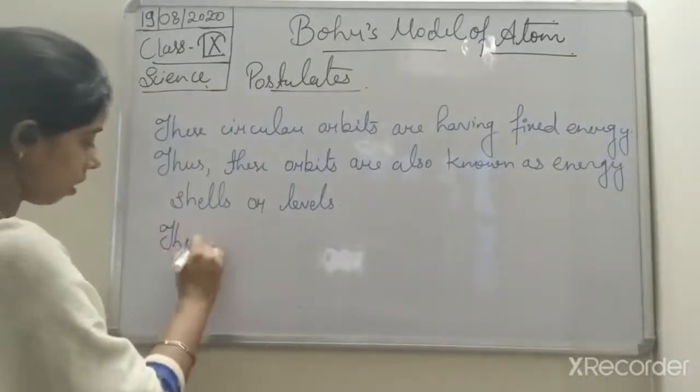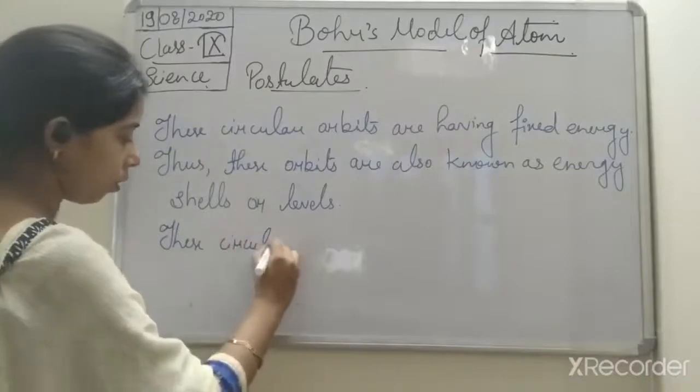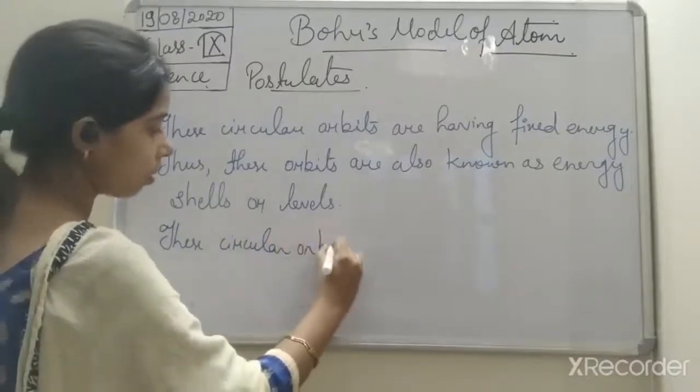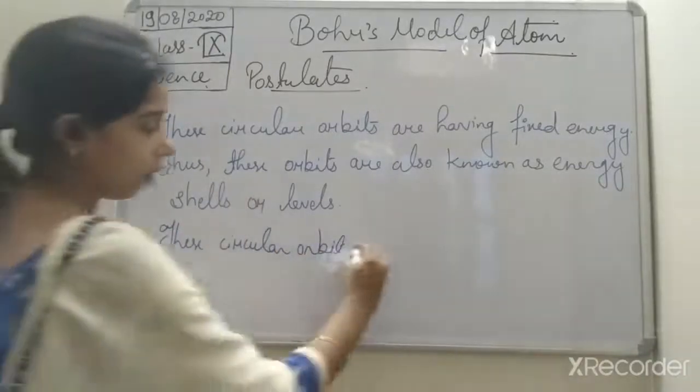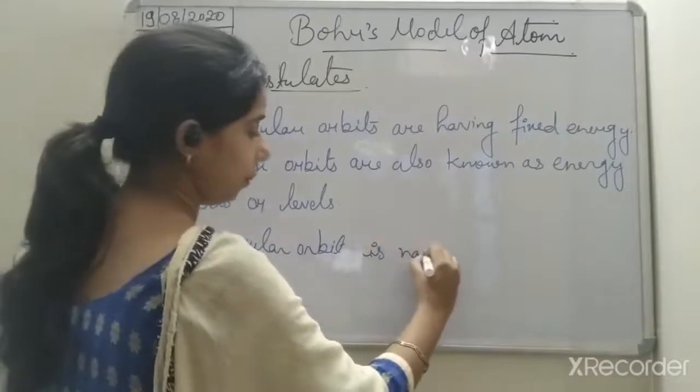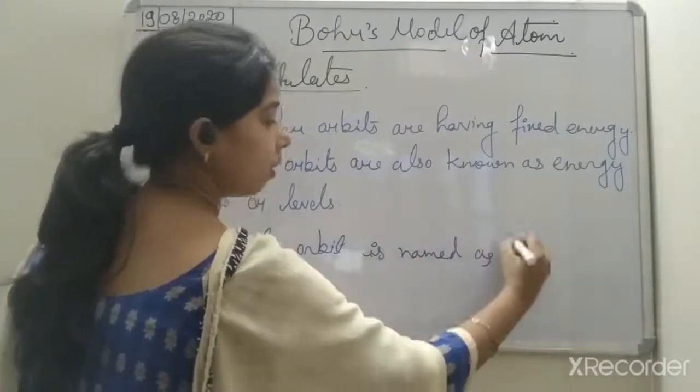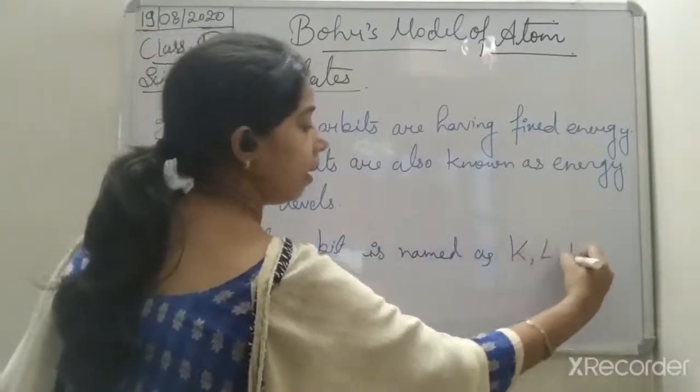These circular orbits are named as KLMN.